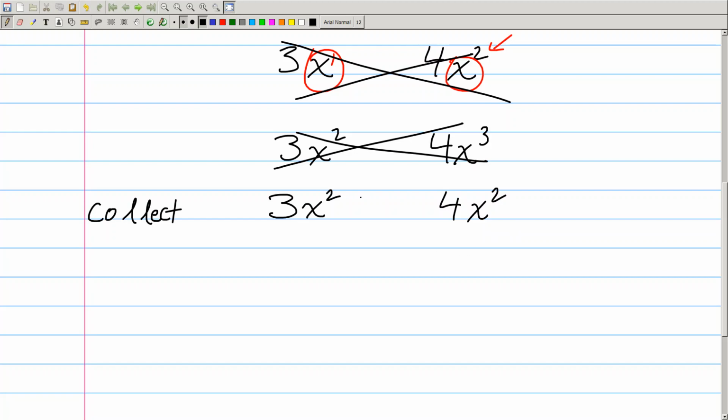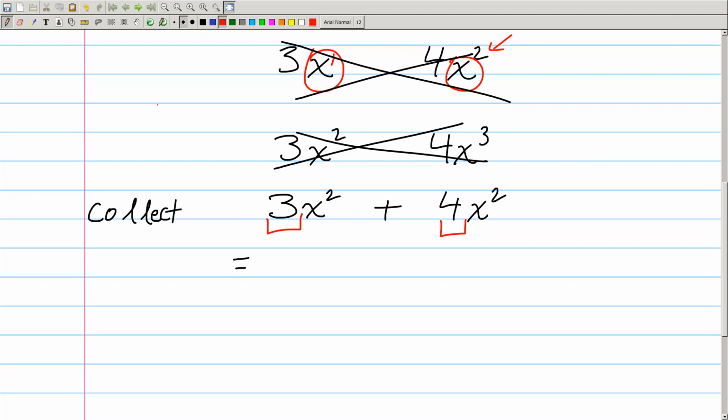For example, we've got 3x squared and 4x squared. Let's say we add them together. How do you add like terms together? You simply add the numbers in front of the literal coefficients. So you add the numbers in front of x squared like you would in first grade.